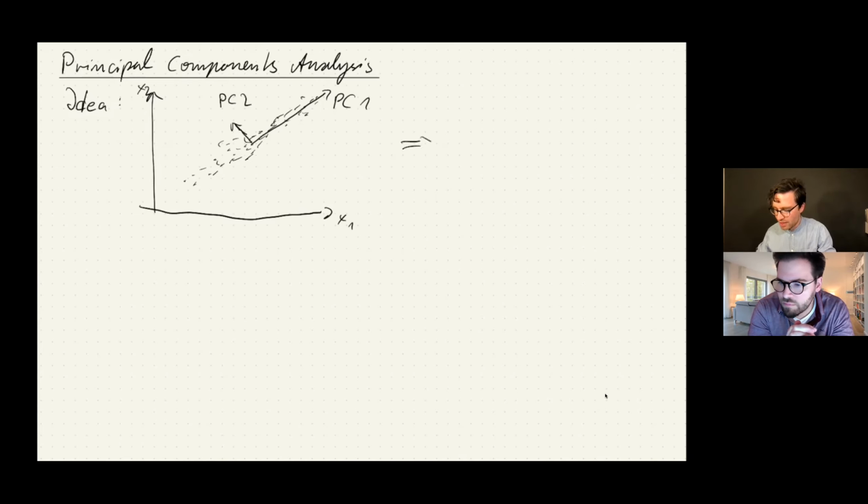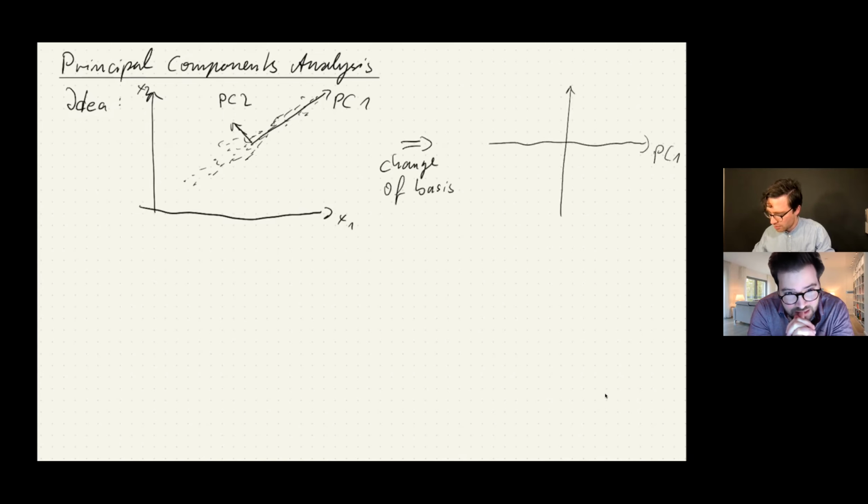Then you just change the basis of your data to the directions of the principal components, and you end up with your representation of the data like this, where in these directions your data would be uncorrelated, and you would have most of the variability in this direction.